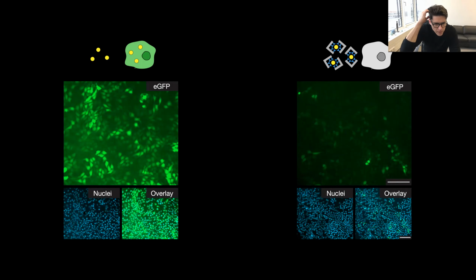And just as a comparison, you can ask the question, maybe it was just the antibodies that neutralized the viruses, not the shells. If you just use the free antibodies at the same concentration, which were used here in this experiment, you have many more cells that still turn green.